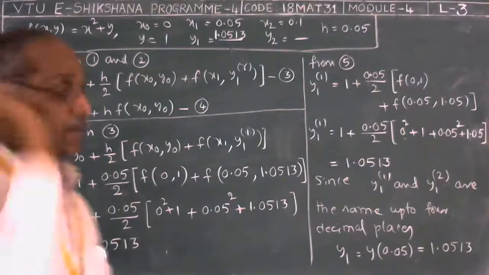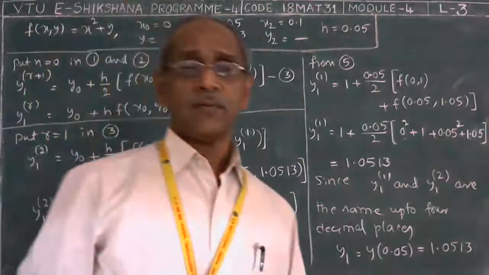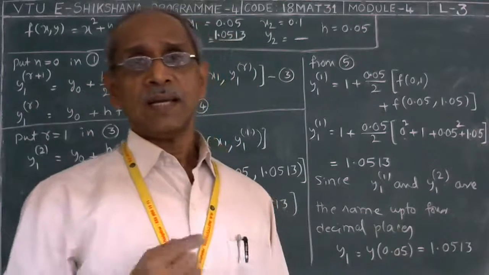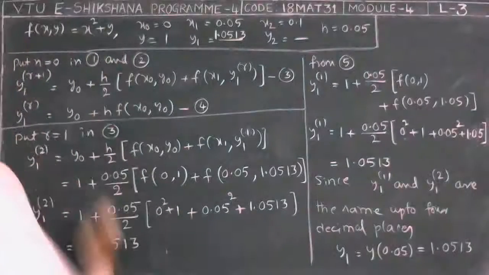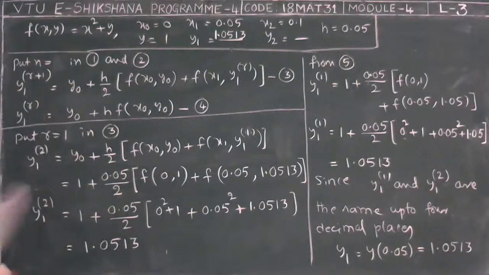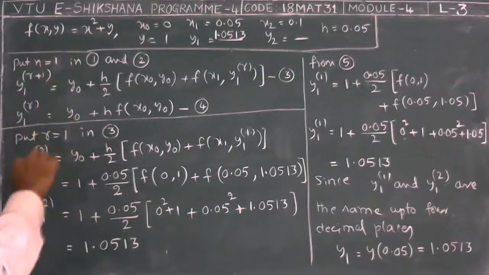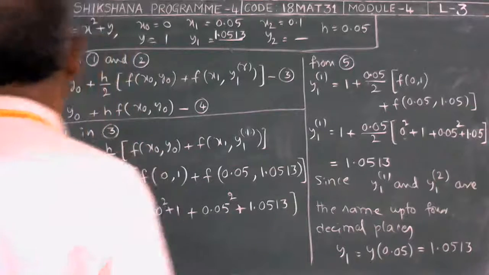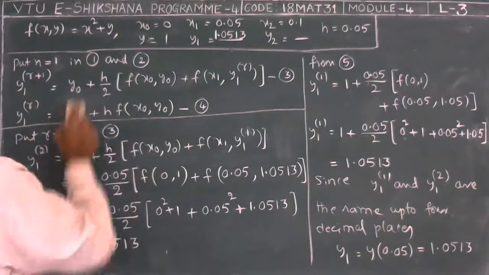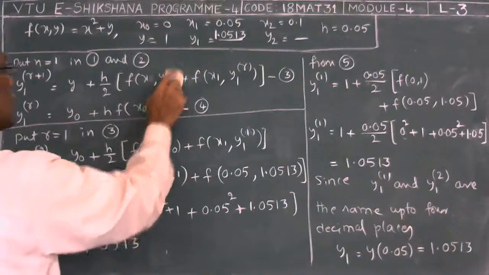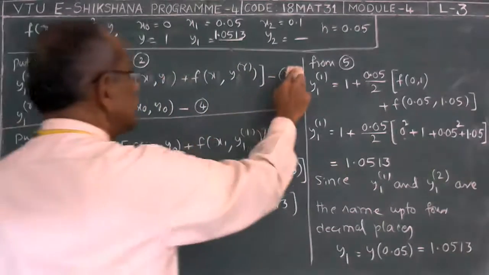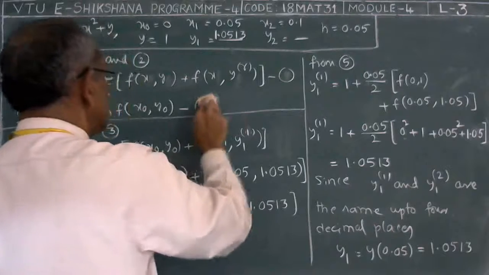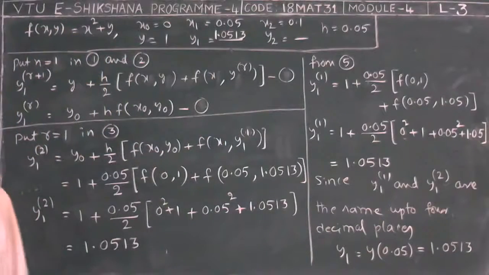Now we repeat the same thing. Now to find y2, what we have to do? We have to fix n is equal to 1 in equations number 1 and 2. So let me repeat this. Put n is equal to 1. What do you get when you replace n by 1?